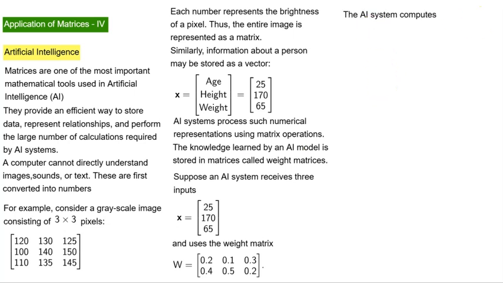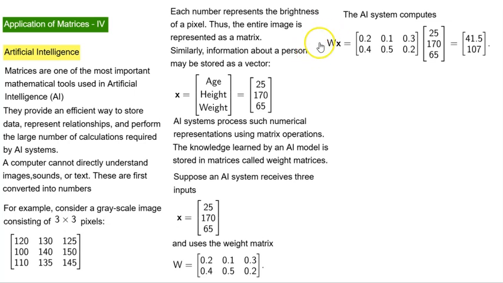So the AI system computes W times X, weight matrix times the, let's say, data matrix. And we get the result as a matrix which is of 2 by 1 order. So 41.5 and 107. Now, of course, what this basically represents depends on what kind of query it is. Here it is just an example.